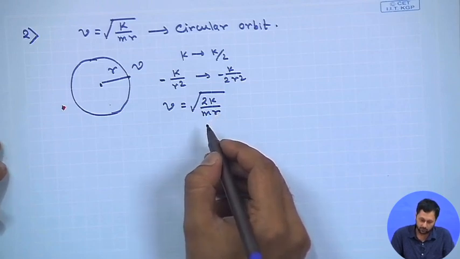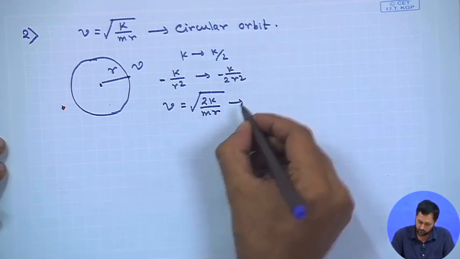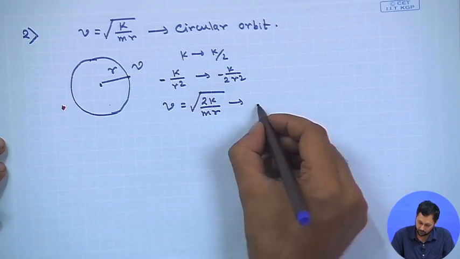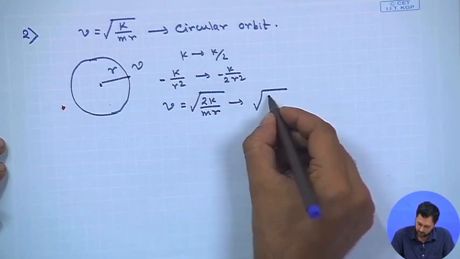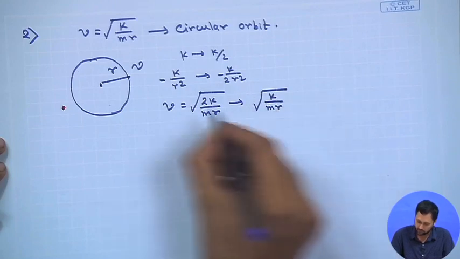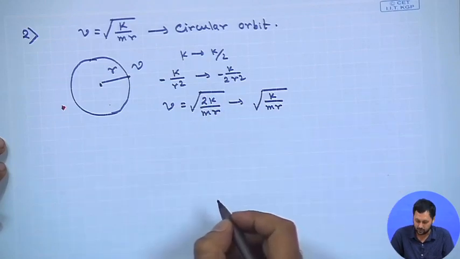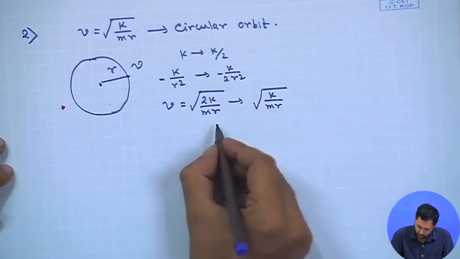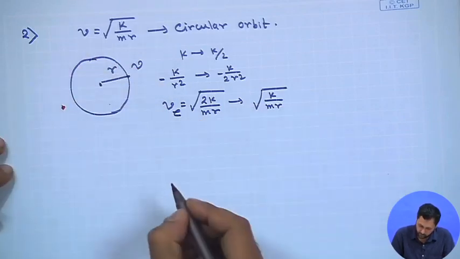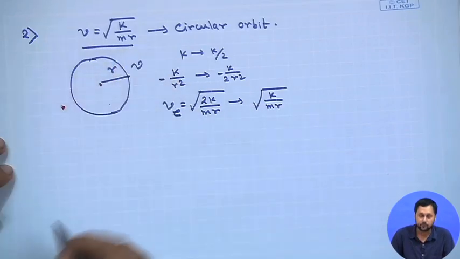Now, because k has been reduced to half, it will be given by root k by m r, because we are substituting k equal to k by 2, right. So, now compare these. This is the escape velocity and this is the original velocity.